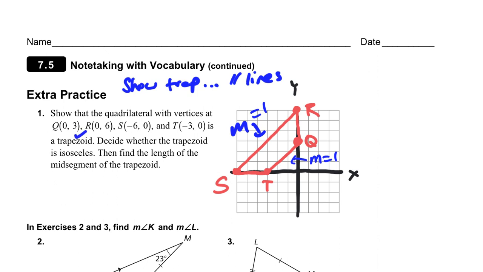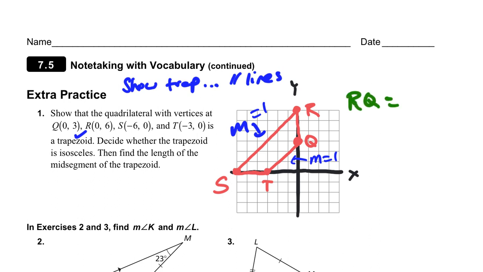All right, next part. Decide whether the trapezoid is isosceles. If you go back to isosceles, we know that with an isosceles trapezoid, we have the if and only if that says the diagonals are congruent, and we also have the fact that the base angles are the same, but if you go back to the definition, it says congruent legs. It just so happens I can find RQ by just counting here.